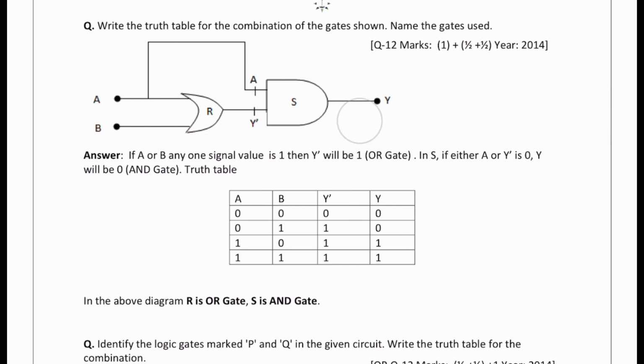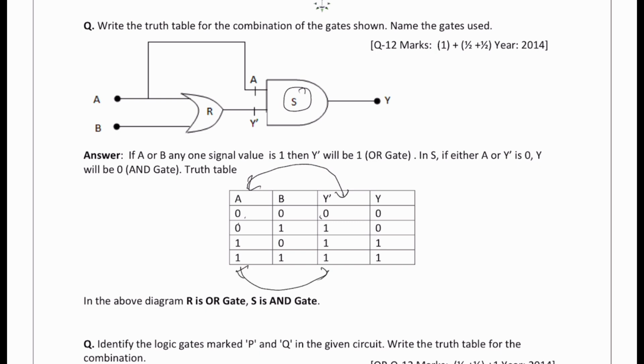The two inputs to S are A and Y dash, correct? So if either of these is 0, then the output is 0. If both are 1, then only the output is 1, correct?